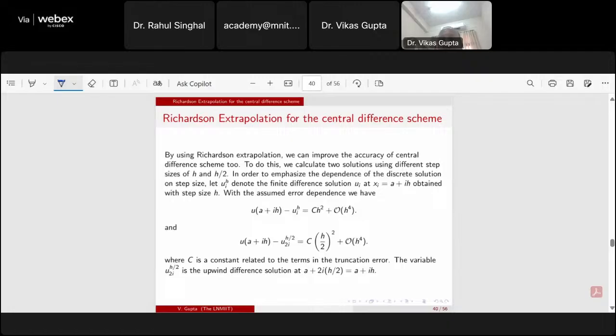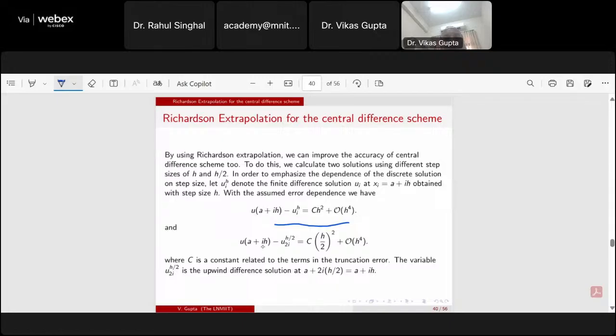Since the central difference scheme is accurate of second order, in that case the error equation will have this form. u(a+ih) is the exact solution at the point a+ih, that is at the point x_i. u_i^h is the central difference scheme solution with mesh width h, and since the central difference scheme is accurate of order 2, the error will have this form: u(a+ih) minus u_i^h is equal to Ch² plus order of h to the power 4.